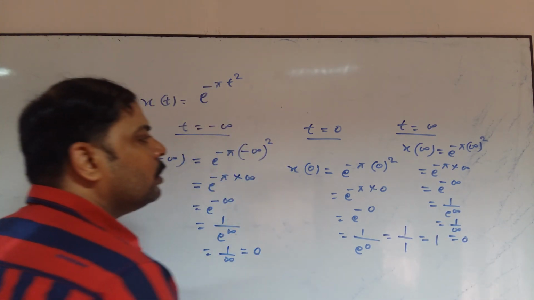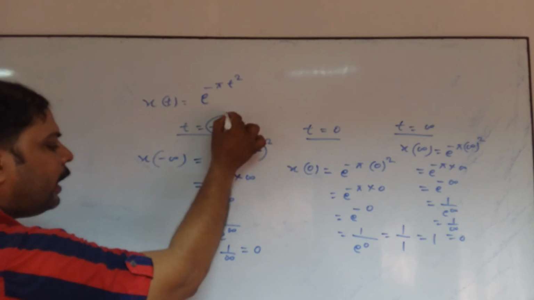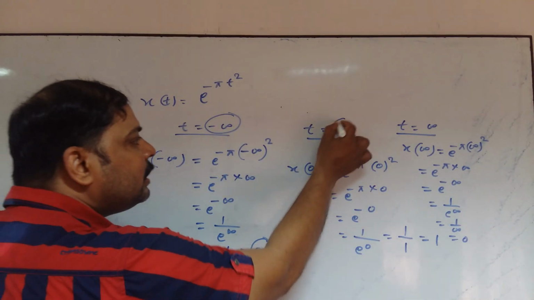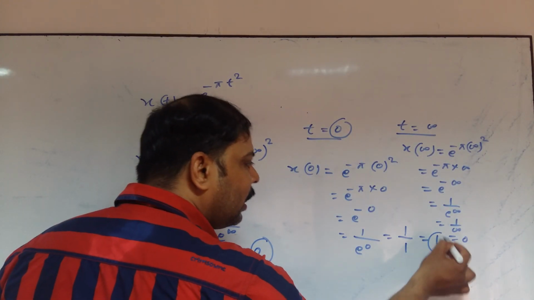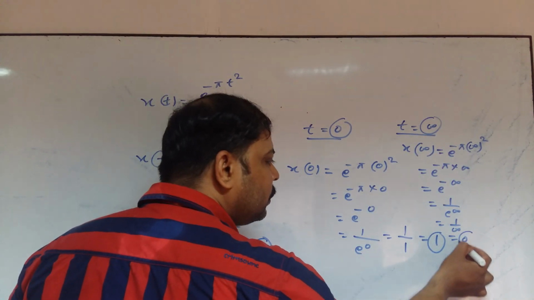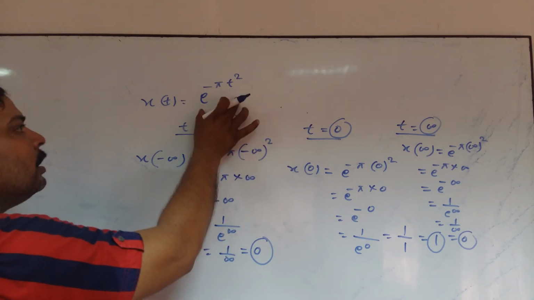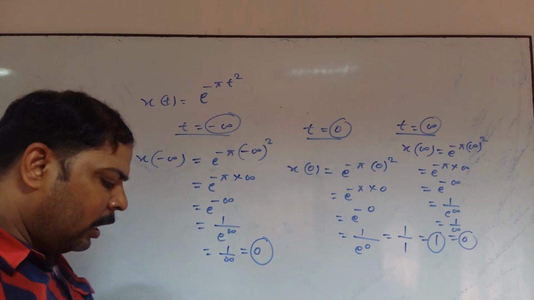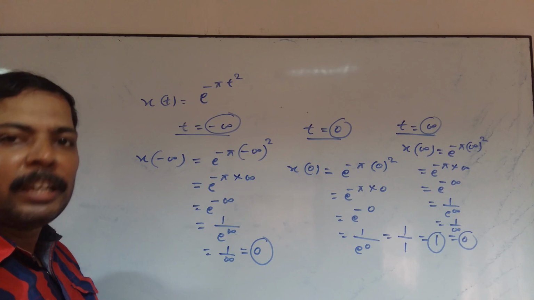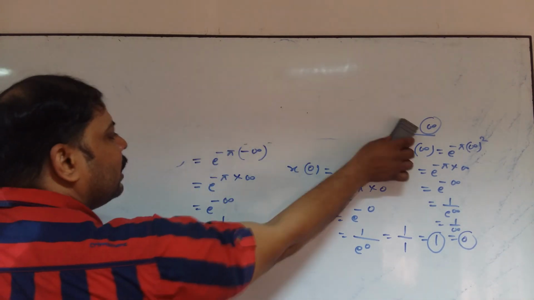Again you are getting 0. See here: at minus infinity, value 0. At 0, value 1. At infinity, value 0. Knowing this information, let us try to plot this e to the power minus pi t square, which we are calling the Gaussian equation. So how to plot this signal?